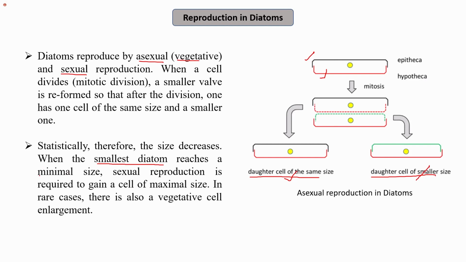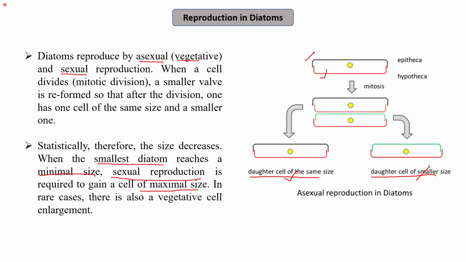So when a minimal size is reached, then at that stage, instead of asexual reproduction, sexual reproduction is required to gain a cell of maximal size. So in that case, sexual reproduction takes place in diatoms. However, in rare cases, there is a vegetative cell enlargement also, which is rare.